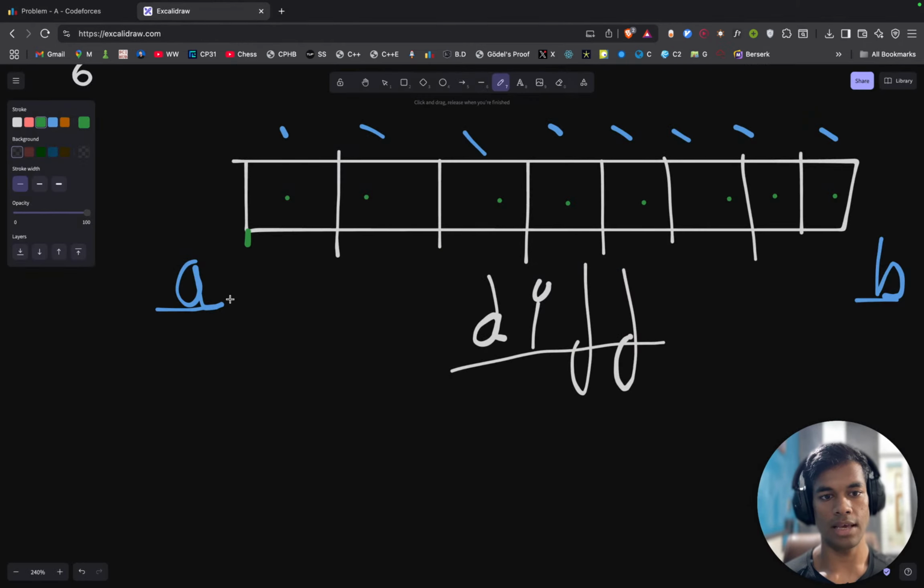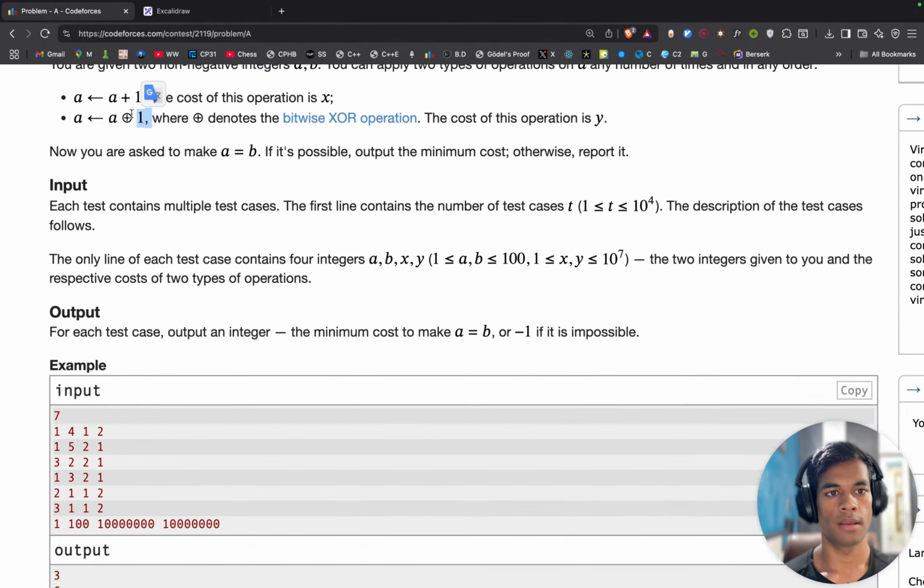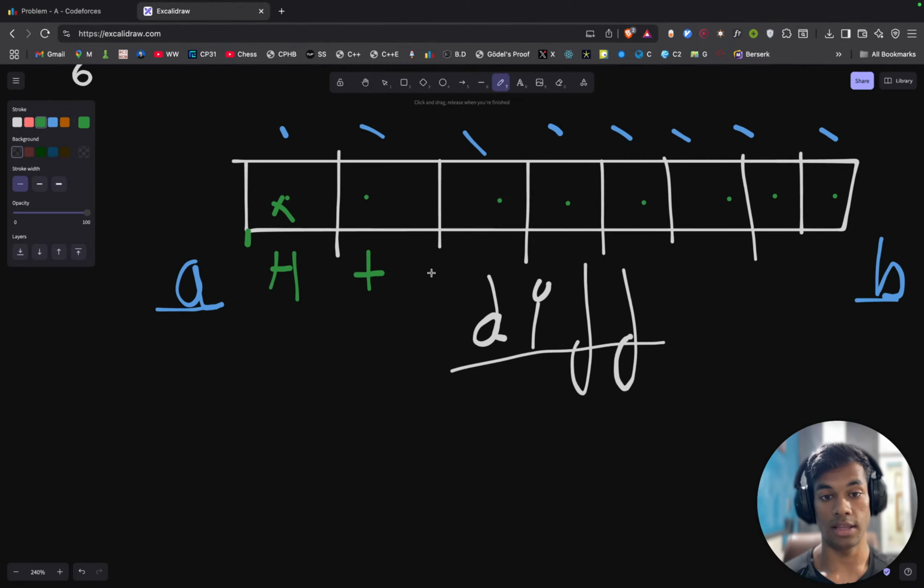So a would be increased by 1 by doing XOR here, and when it is 1 we cannot do XOR, so we would have to do normal addition, which costs x, and then the last bit would again become equal to 0. Then we can do our XOR and then add, then XOR, and this cycle just repeats.